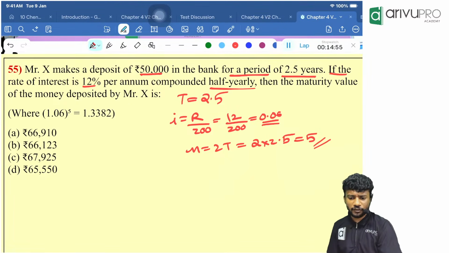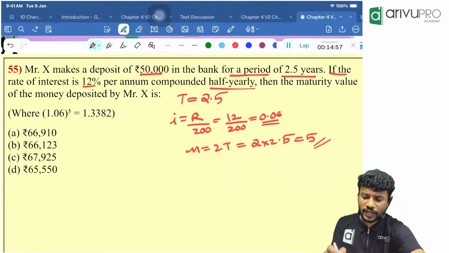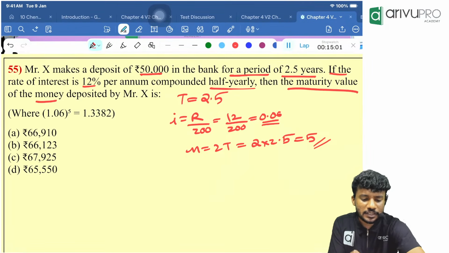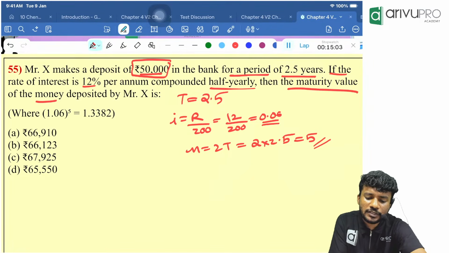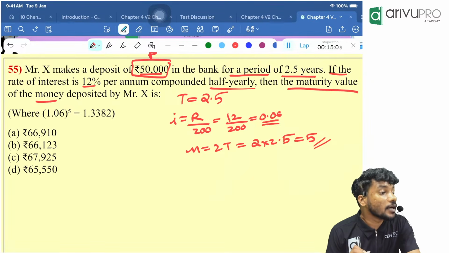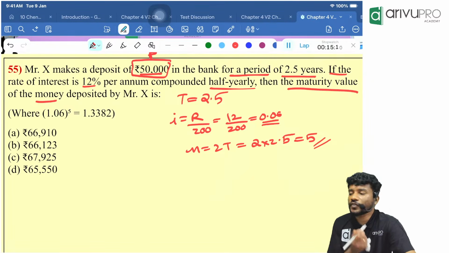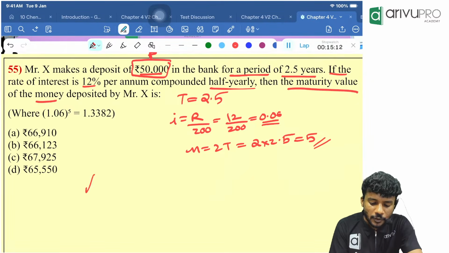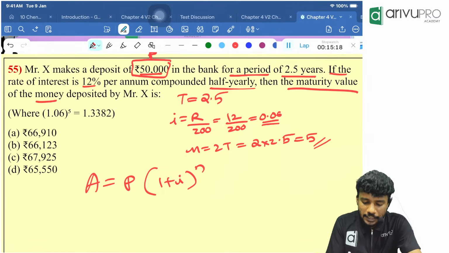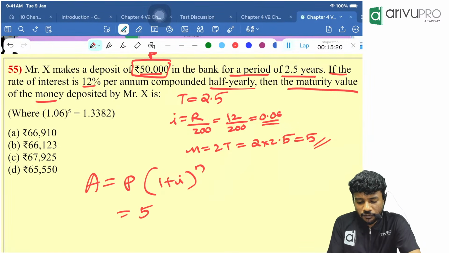We have the value of I. We have the value of N. Then we need to find the value of what? The maturity value of the money deposited. 50,000 is deposited means 50,000 is our what people? 50,000 is our principal. They are asking us to find the value of the amount. The amount is what? A is equal to P into 1 plus I, the whole power N. Principal is how much? 50,000 into 1 plus I is how much? 1.06.